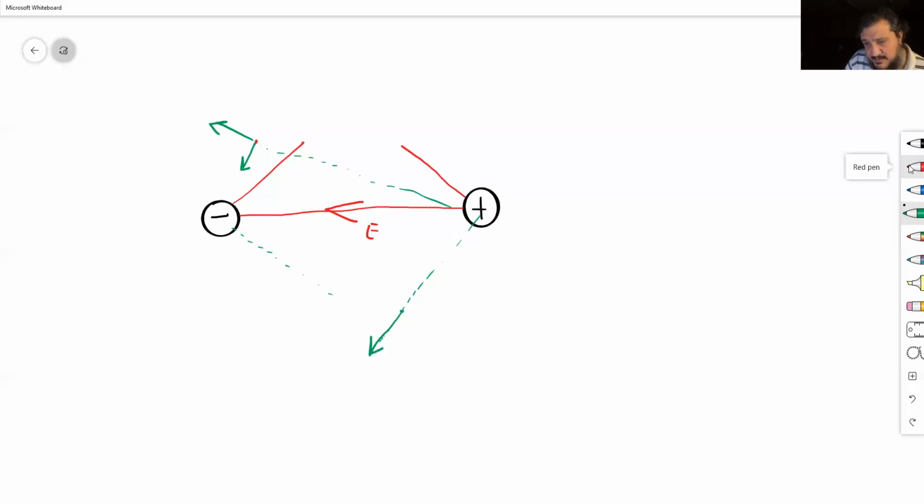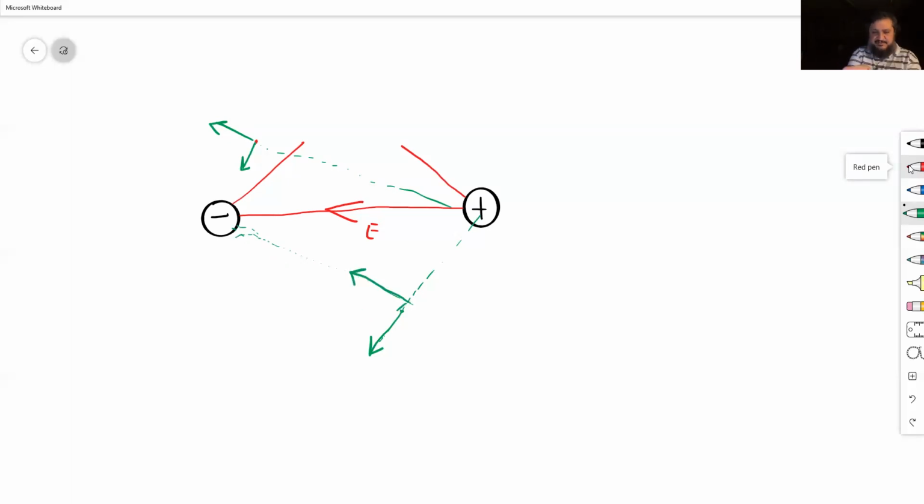Okay, my lines are not straight. Sorry about that. Try it again. Okay, not very good, but you know the idea. Right here, you will have a field that points to the negative charge, radially inward, remember?